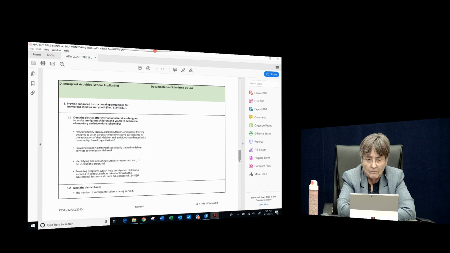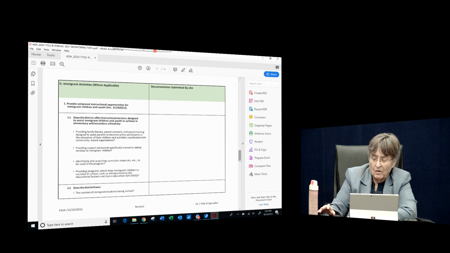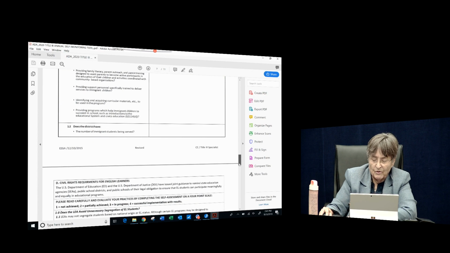Alpine is one of the districts, Granite and Canyons. So immigrants, their significant increase are in those districts. And the whole goal is that that funding allocation must be above the 10,000 minimum required for a consortium.